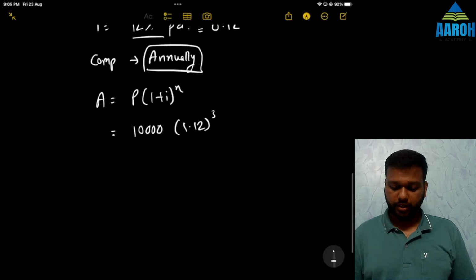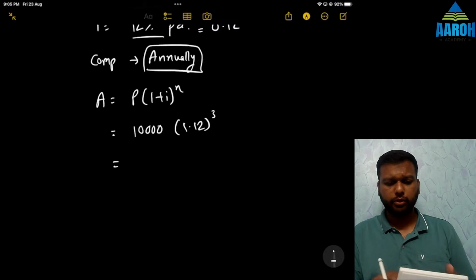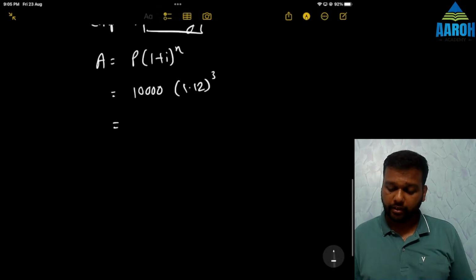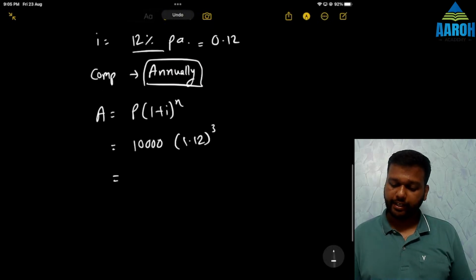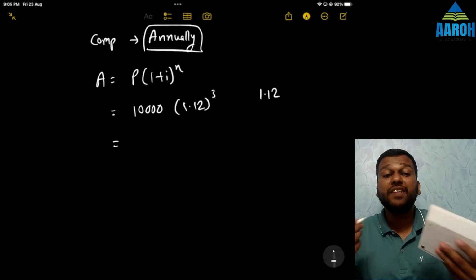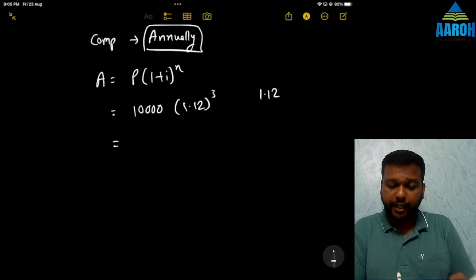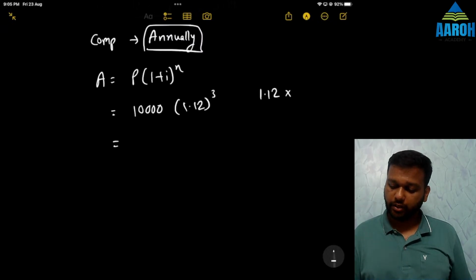I hope everyone knows how to calculate this on calculator fast. Okay. For those who don't know, how do we do it? We take 1.12. Okay, I'll just write it here separately. Now we have to do 1.12 raised to 3, right? So we'll just press into and equal to 2 times. That's it. So I hope everyone knows this.